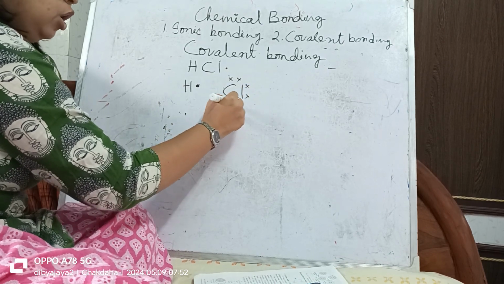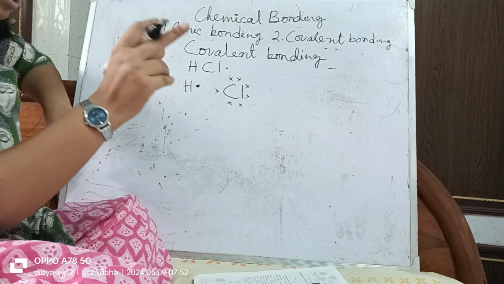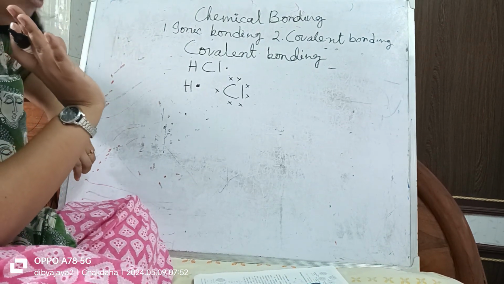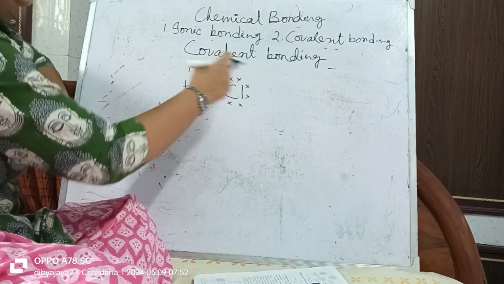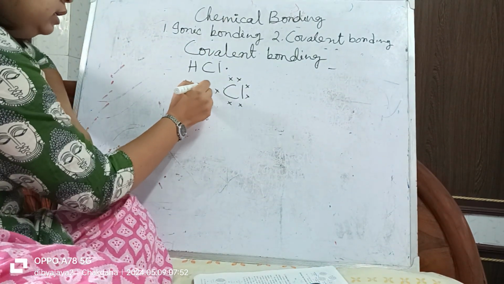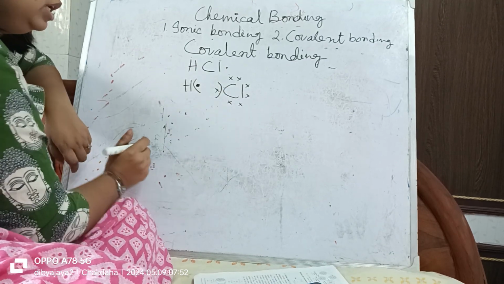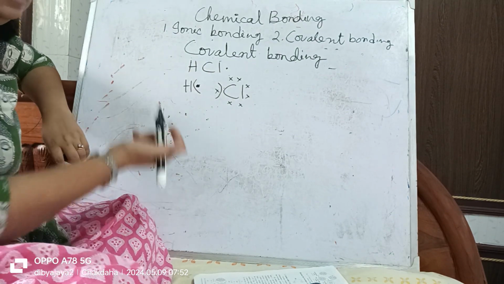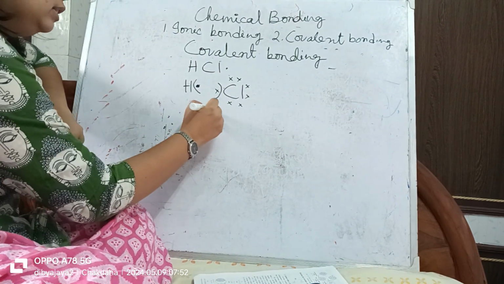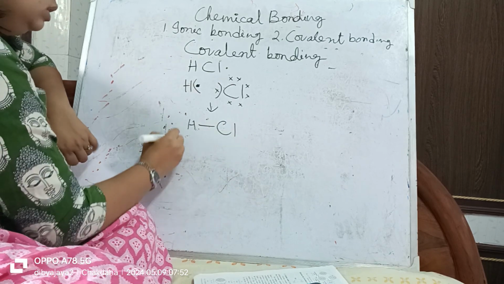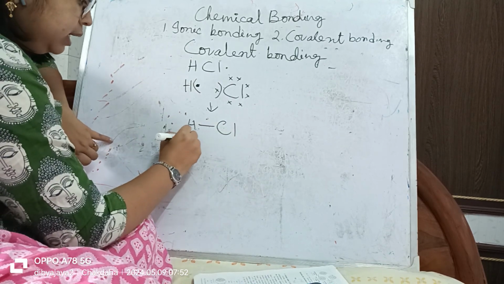Atomic number of chlorine is 17, so you draw the electronic configuration of chlorine. Then you get that the valence electrons of chlorine is 7. Then they are mutually sharing. When they mutually share the electrons, we will just bracket them for understanding, and then they make a bond. This one is a single bond.